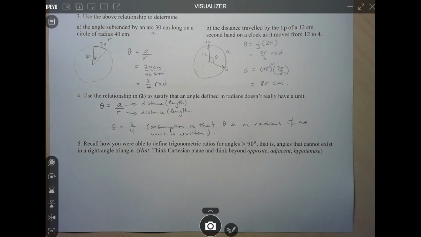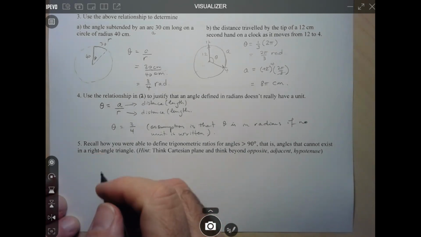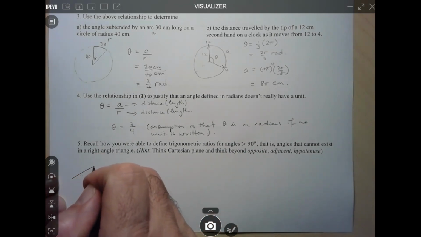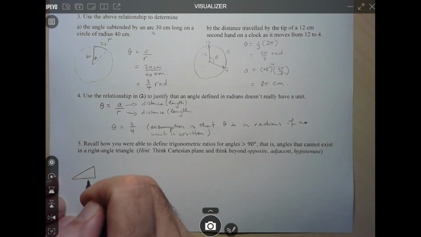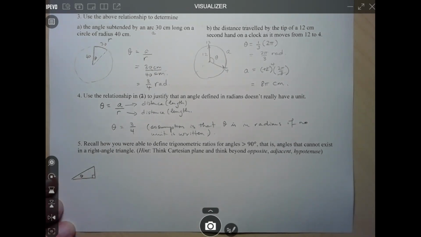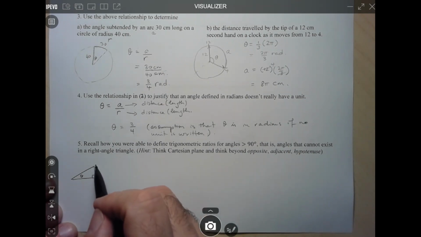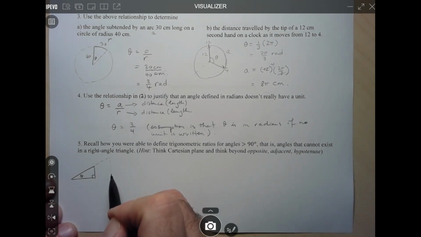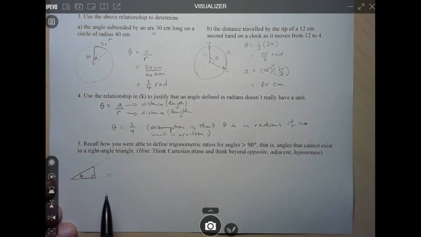In grade 10, your focus was purely on working with acute angles, angles that existed in a right angle triangle. The way in which you defined these trigonometric ratios was using this idea that when the angles in a triangle don't change, in other words, when you have similar triangles, the ratios of their side lengths stay the same.